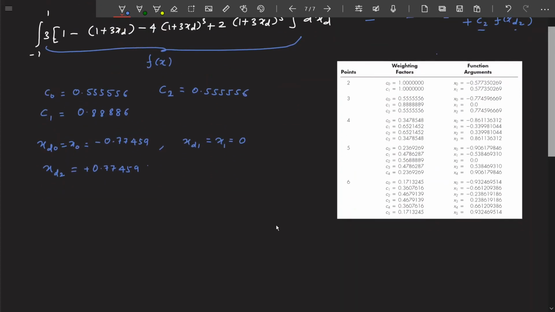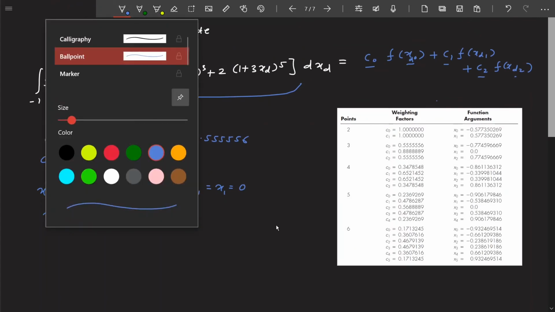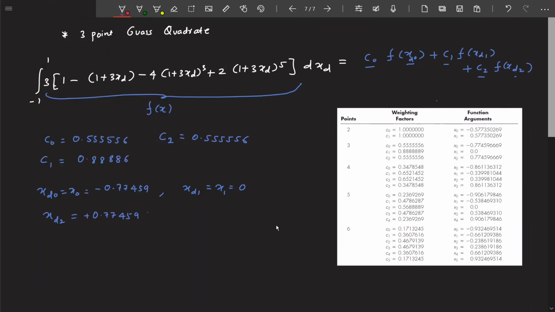When you substitute these values in this function, and this value in this function, and this value in this function, you get f(xd0) as 10.4179, f(xd1) is going to be -6, and f(xd2) is going to be 1986.31.